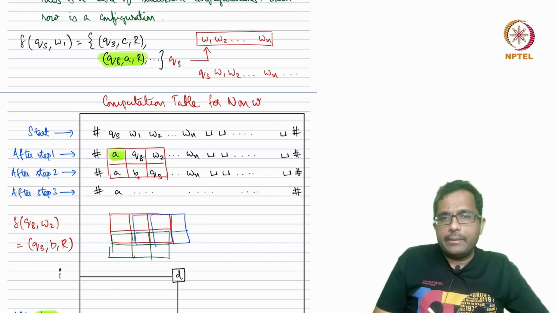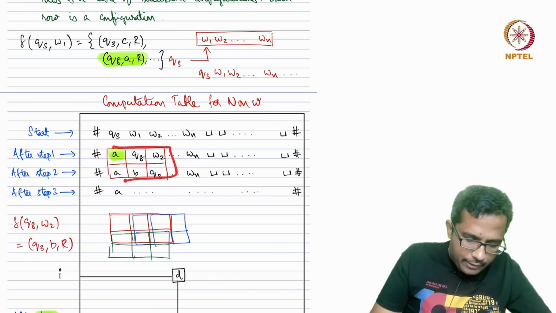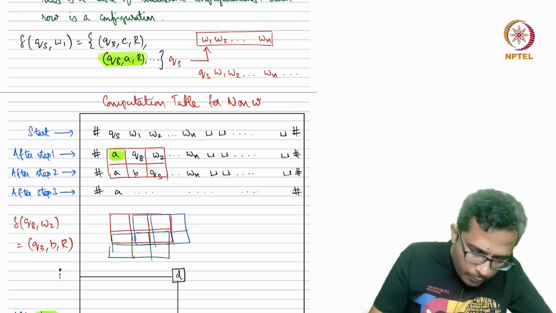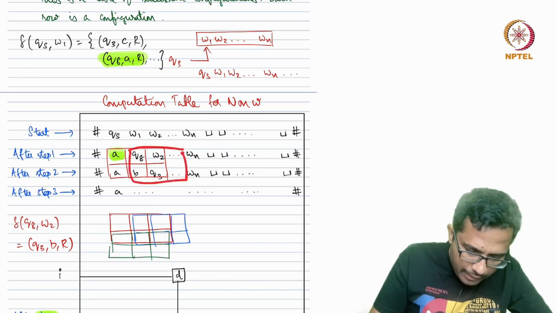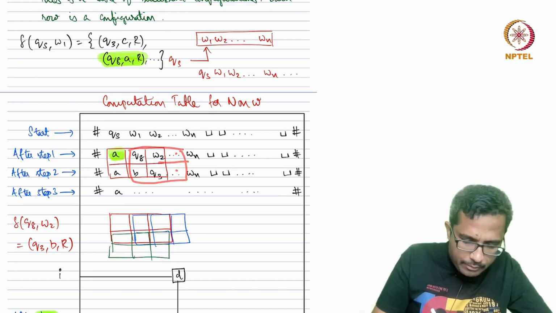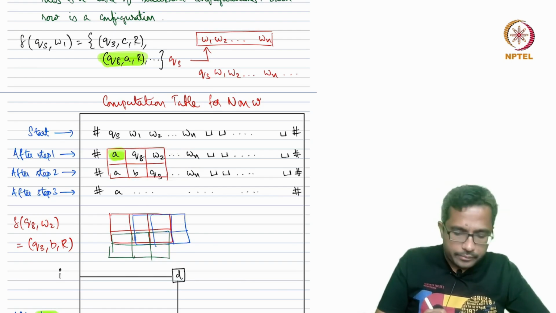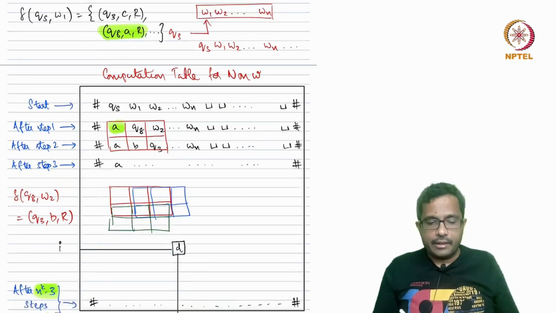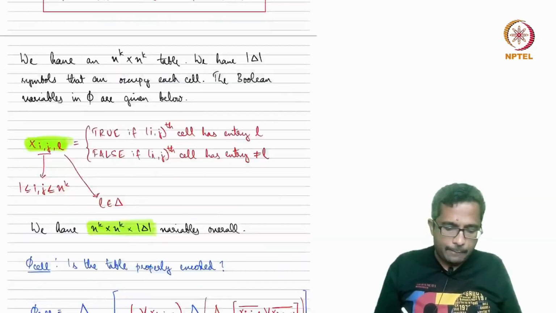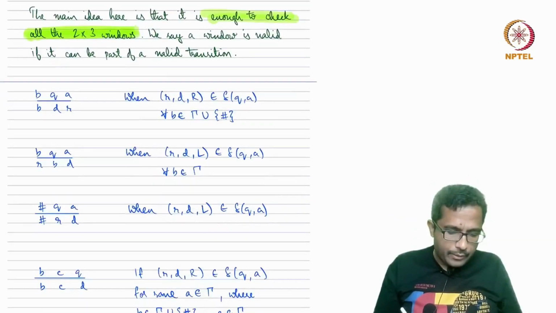W2 was overwritten by B. So this is a valid window because it appears, and so will this be. This will also be a valid window, whatever appears here. So here maybe W3 W3, Q8 W2 W3, and below B Q3 W3. That's also a valid window, right? Anything that can appear as part of a valid computation is a valid window.